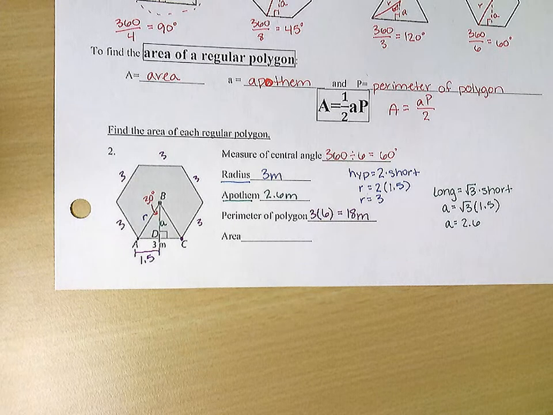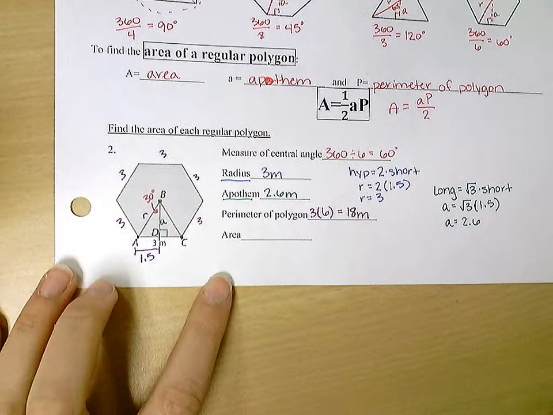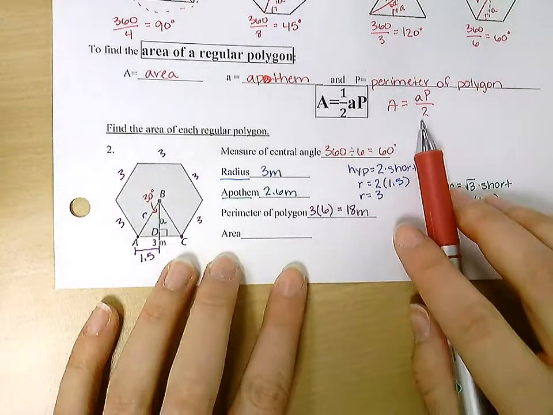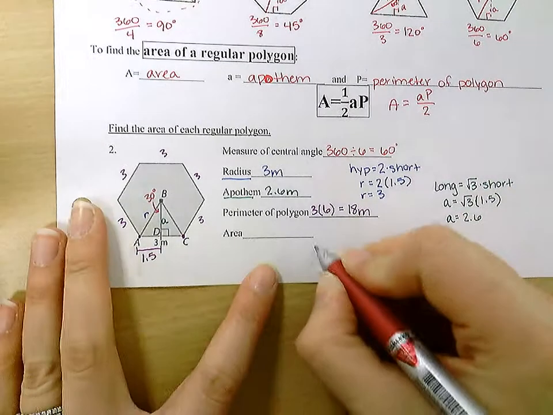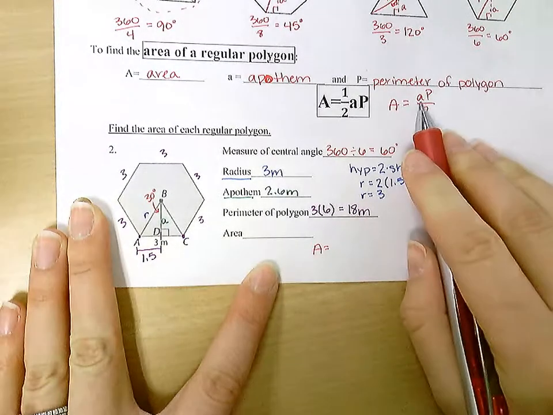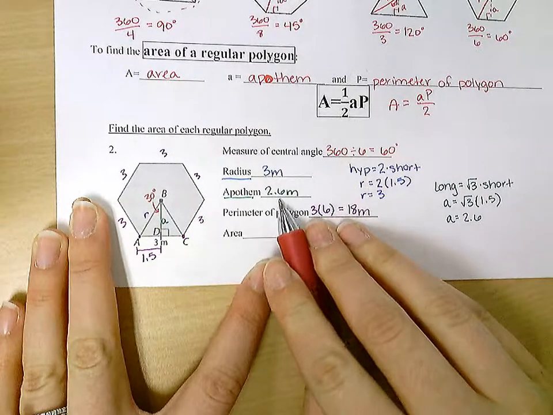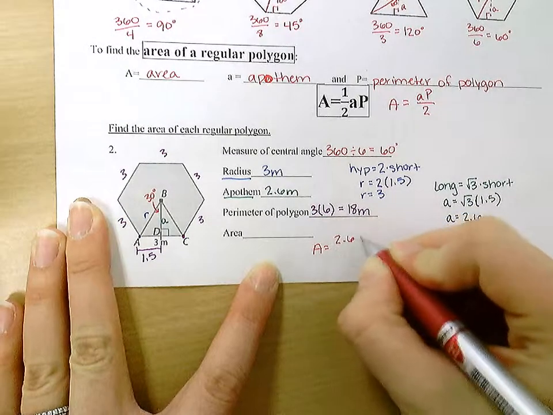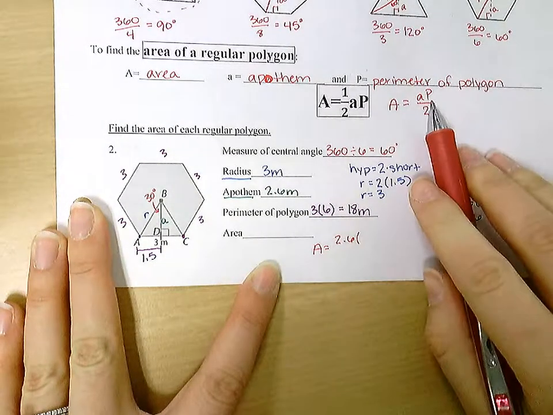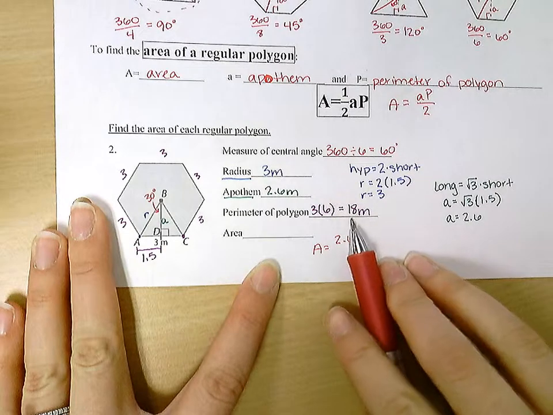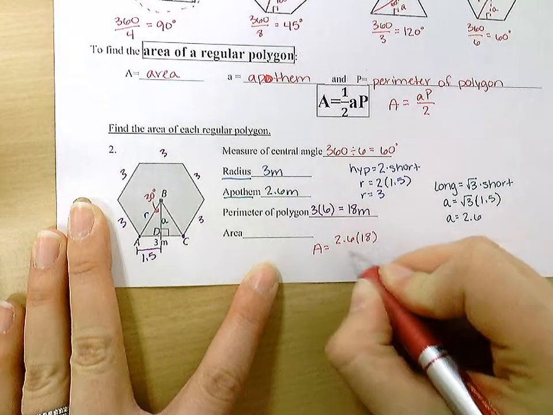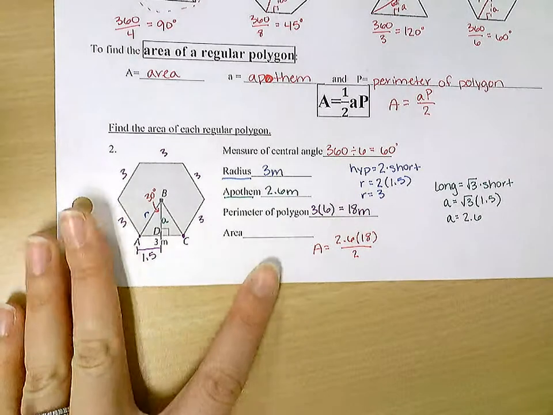All right, now that I have all of the sides, I can find the area using our formula here. Lowercase a is the apothem we found to be 2.6, times the perimeter of the polygon, which is 18, divided by 2.